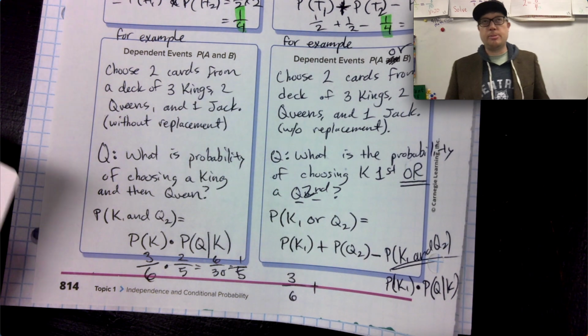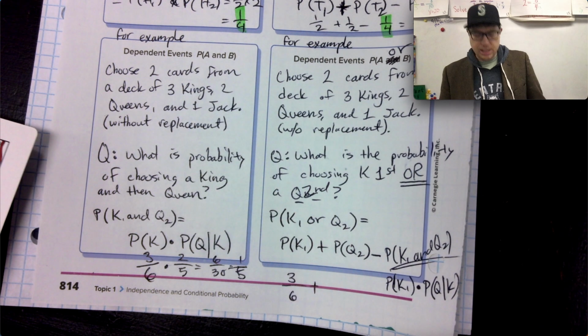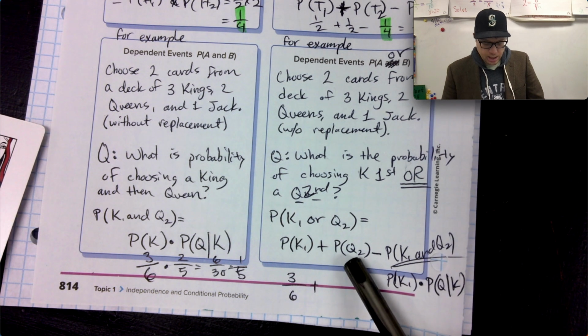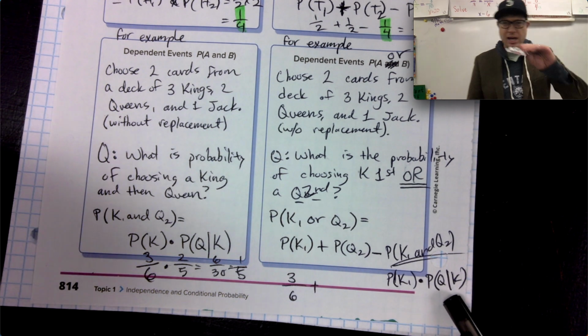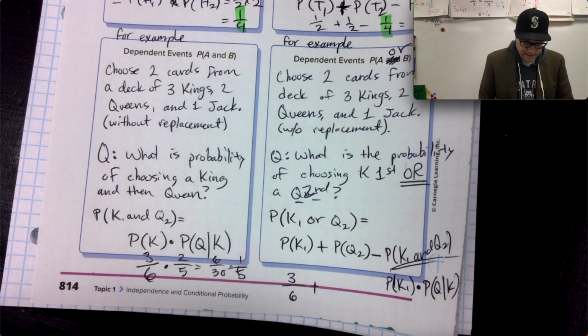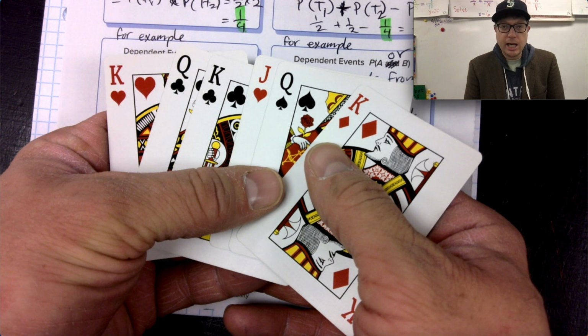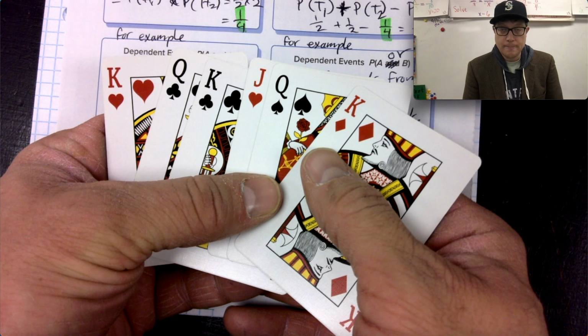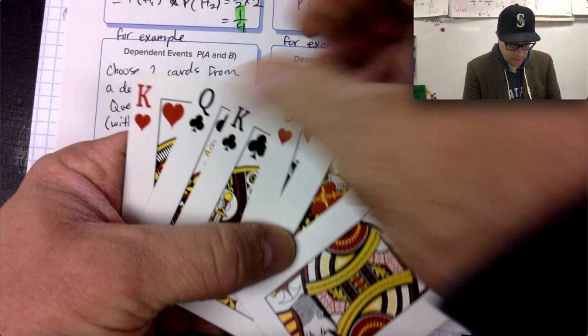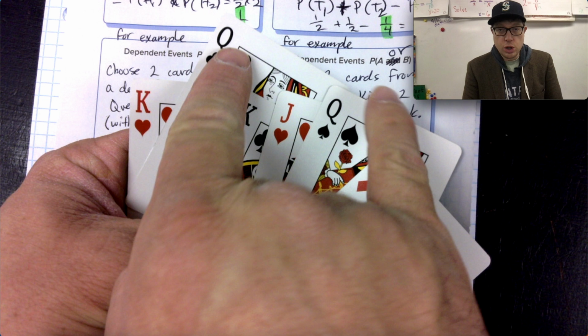Oh, apologies. It's just independent. This is an independent calculation. This one over here is the dependent problem. So hang on. Reset. The probability of drawing a king, 3 out of 6. The probability of drawing a queen, in this hand, 2 out of 6.